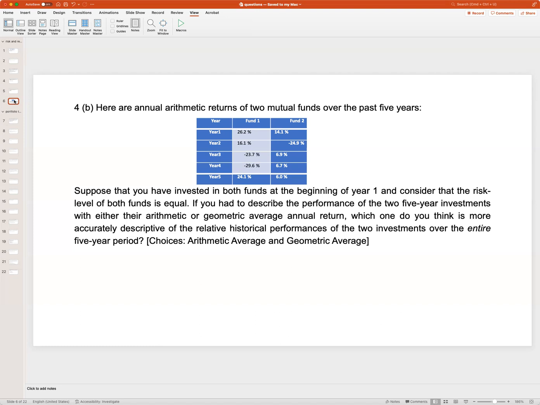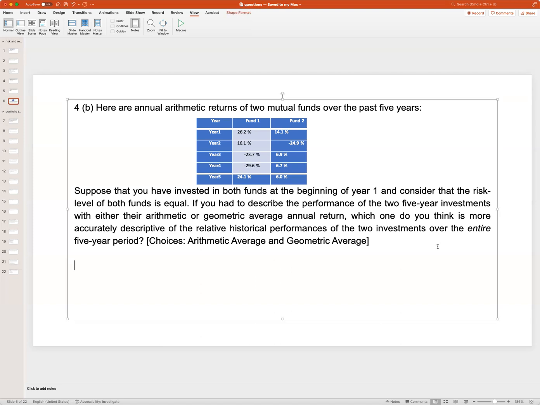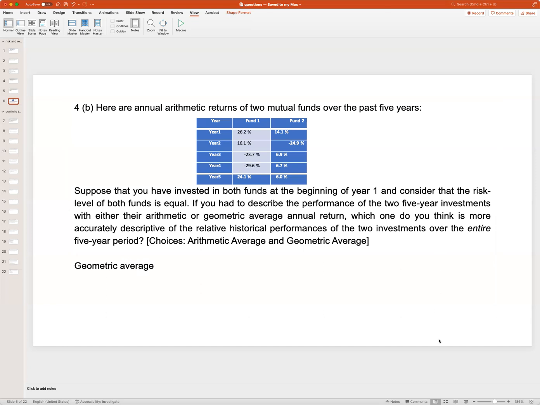However, if you are an investor in this fund, when you do performance evaluation, you care about how much return you have earned over the previous few years, and the return you have earned is a cumulative compounded return. So the annual return you get is a geometric average. So to describe the relative performance of the two investments, we would be using the geometric average of these two funds. So the correct answer is geometric average.